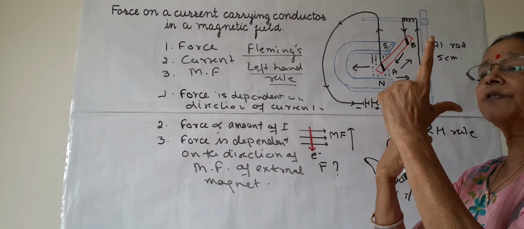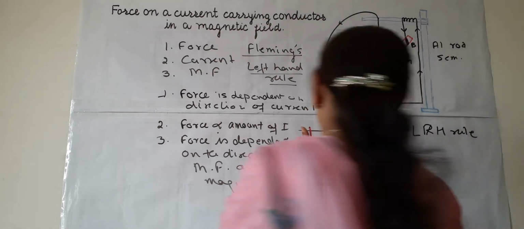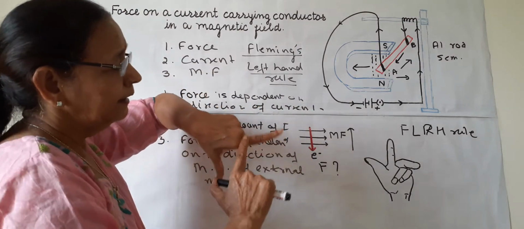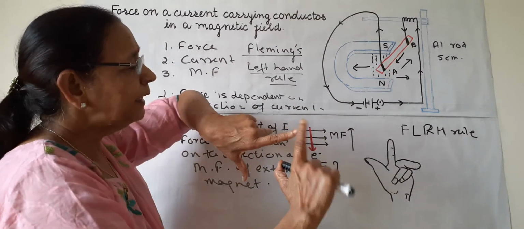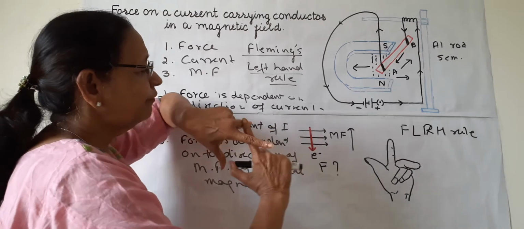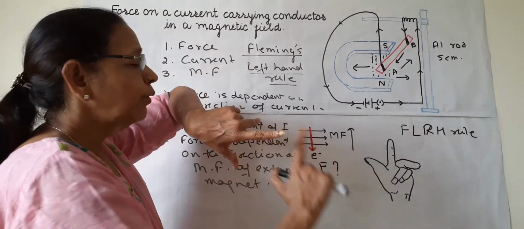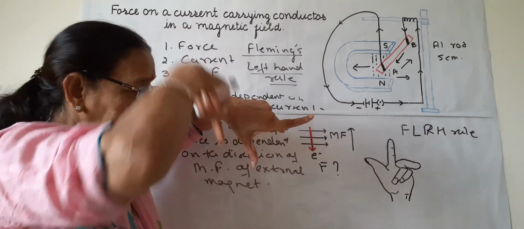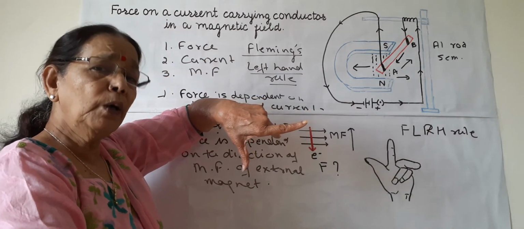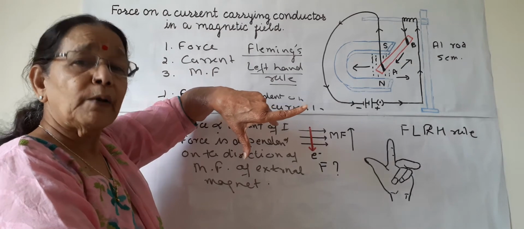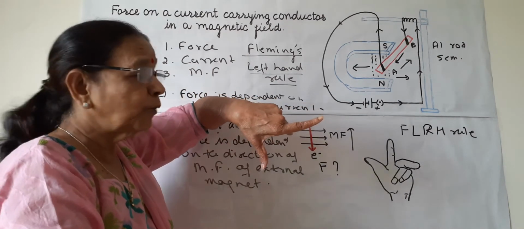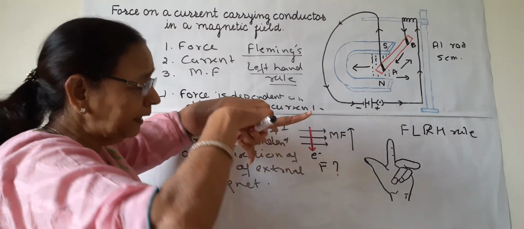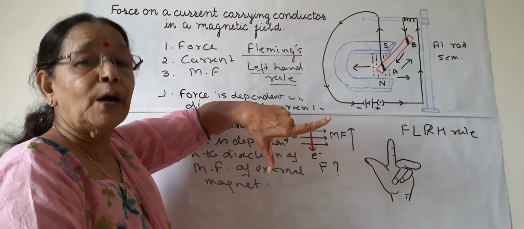If I do like this, this is the field, this is the direction of current from south to north, and this is the direction of force. The force will go towards the downside. So it will be downward.